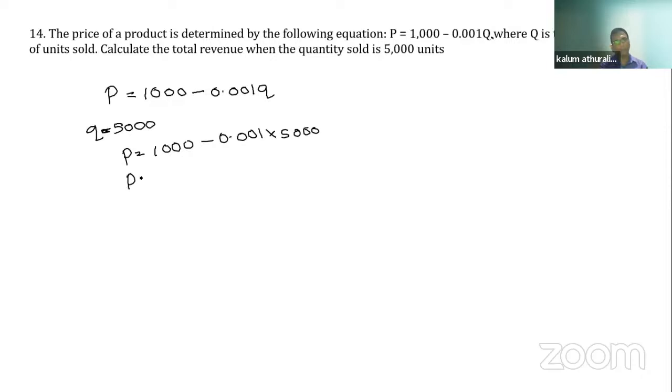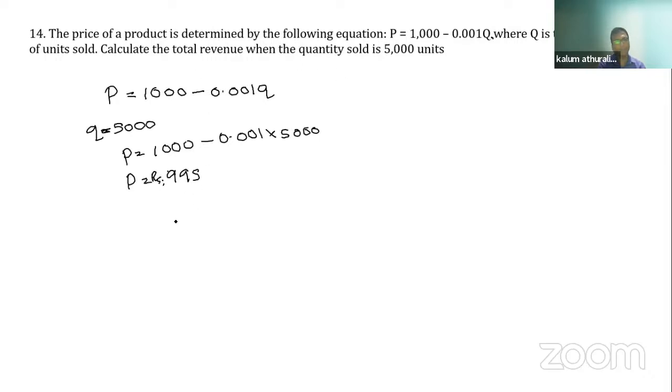The answer is 995. The unit price is this value.